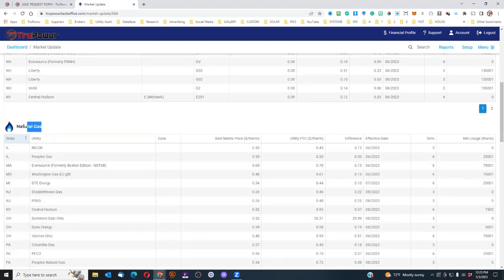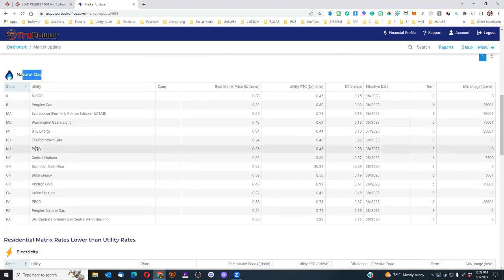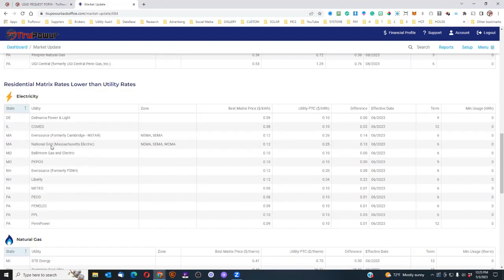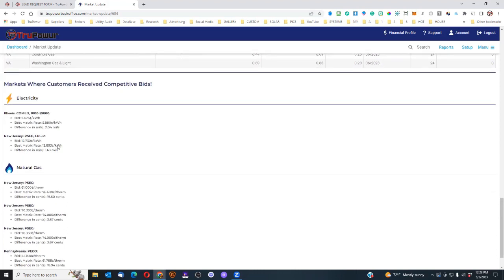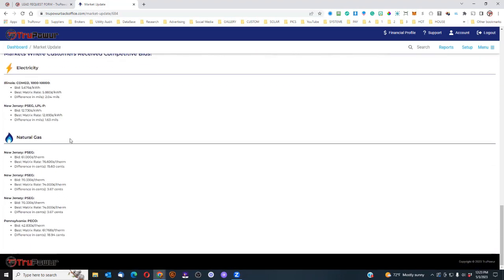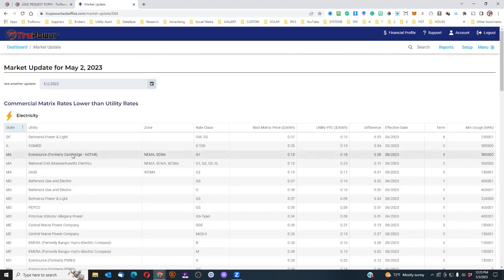For commercial natural gas, again, a list is available. Residential electric, natural gas residential. And then, of course, as we have different auctions, when they conclude, then you will see a list of those. And so this report gets updated in the afternoon.